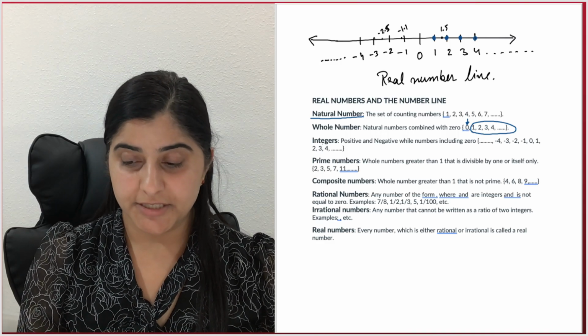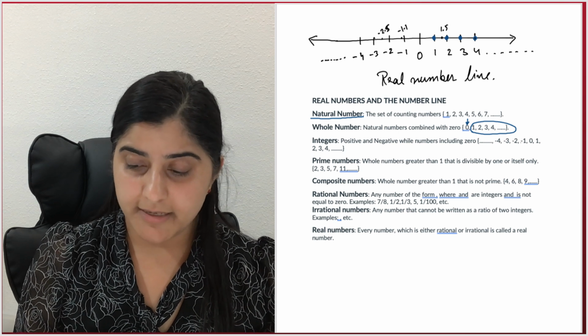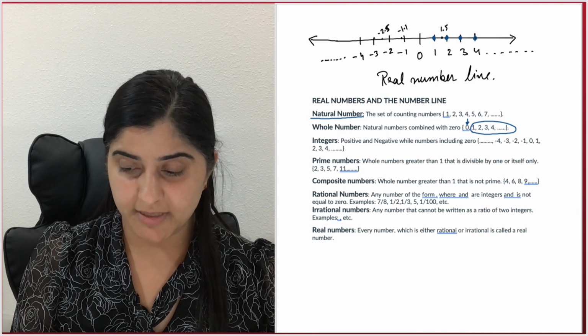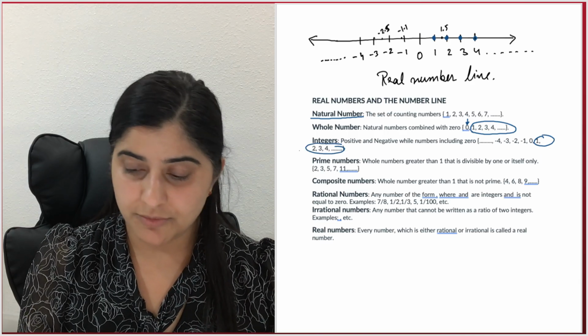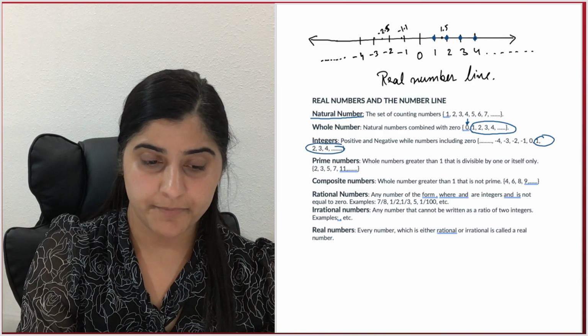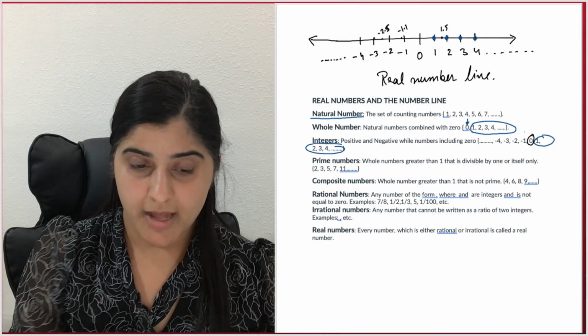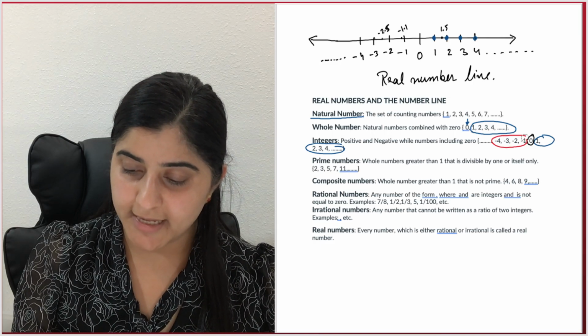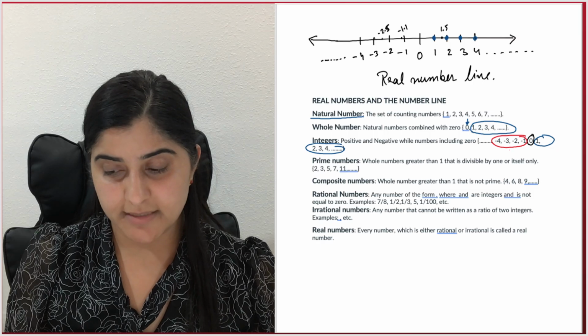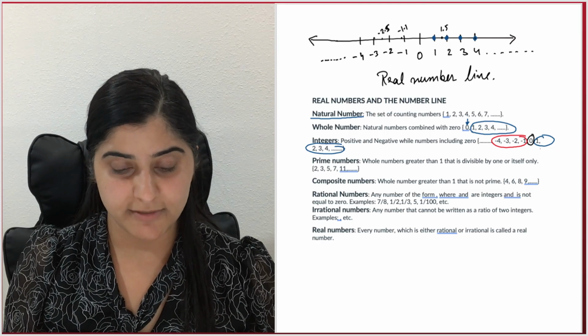Similarly, we have integers. Integers are all the numbers without any decimals, but it contains positive, so see the positive 1, 2, 3, 4, 0, and the negative 1, 2, 3, 4. All the negative numbers without decimals, 0, and all the positive numbers.